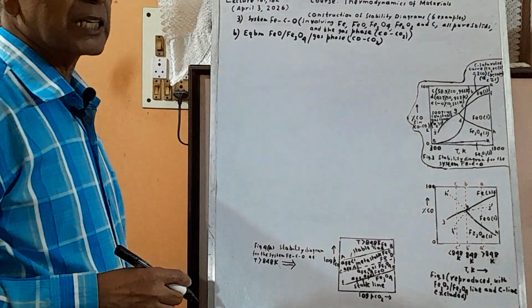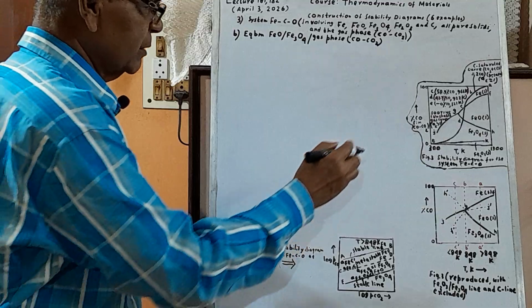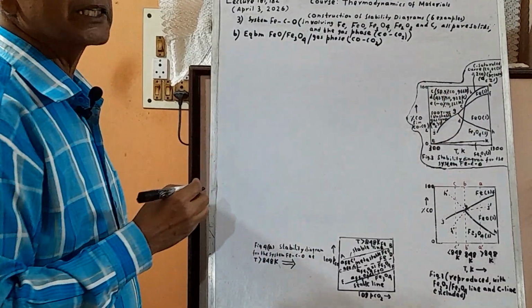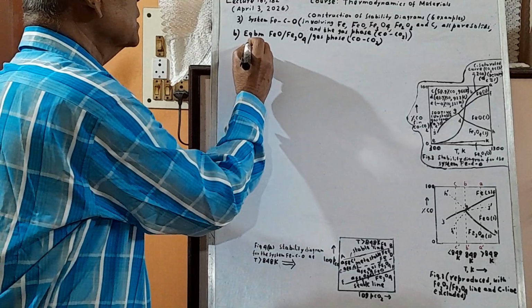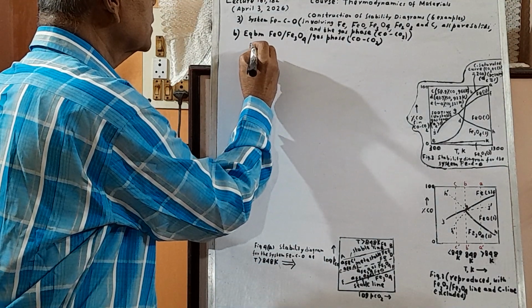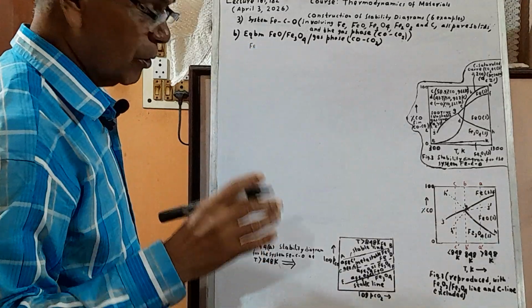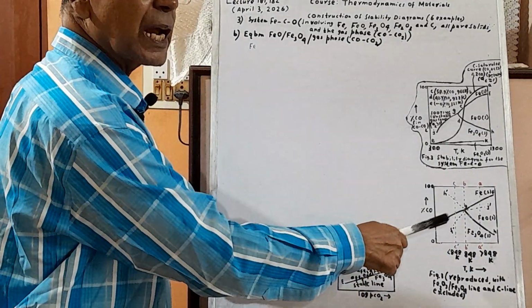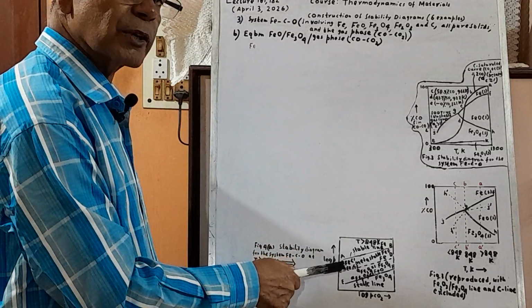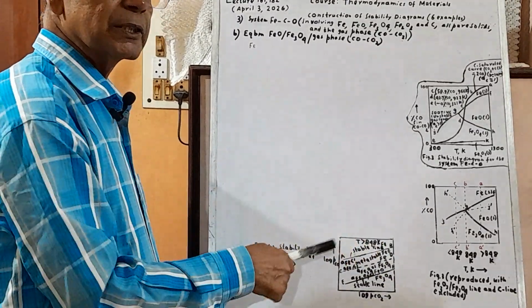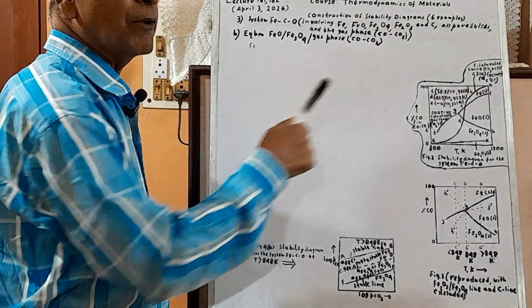Let us take up the second, means this one, FeO, Fe3O4. So what is the equilibrium under study? Fe3O4. And by the way, for the time being, don't consider this diagram as well as this diagram. Look away from these two diagrams. This will be taken up after this is over.